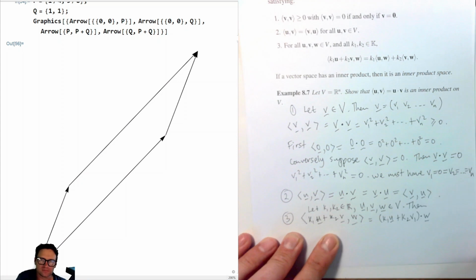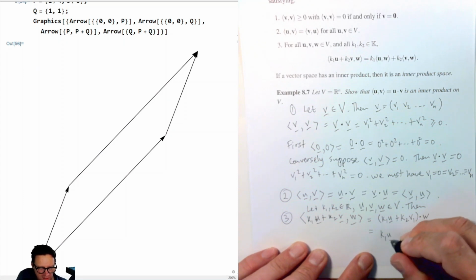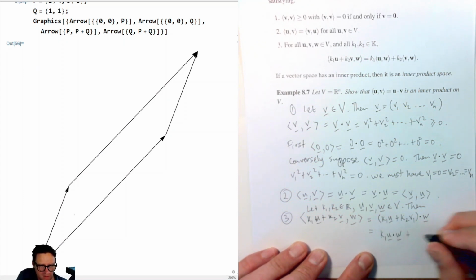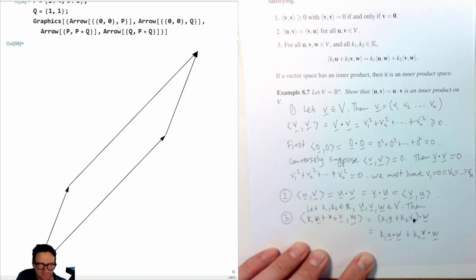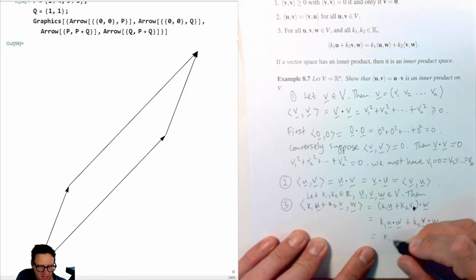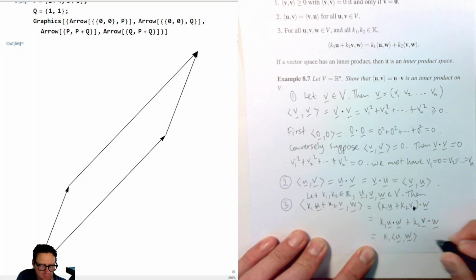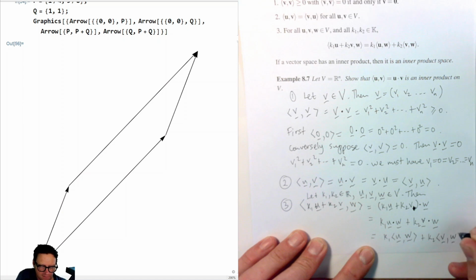And we can expand this dot product in the following way. This is k1u dot w plus k2v dot w. Okay, and so this is k1 times the inner product of u with w plus k2 times the inner product of v with w.